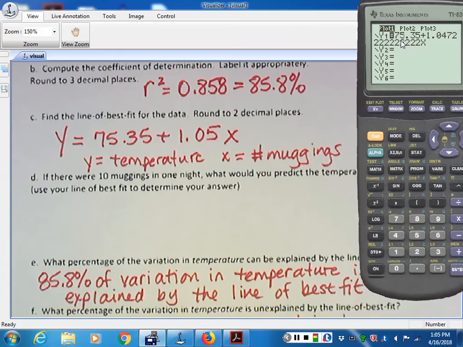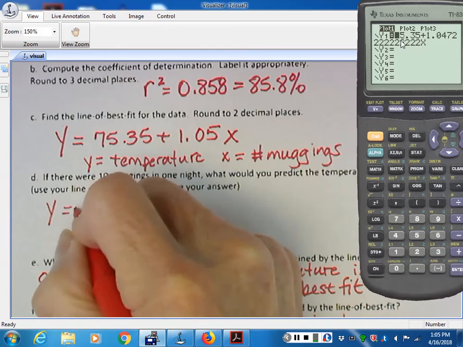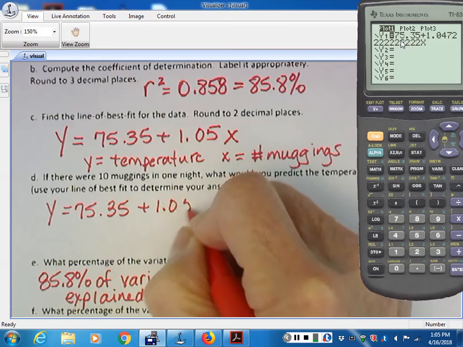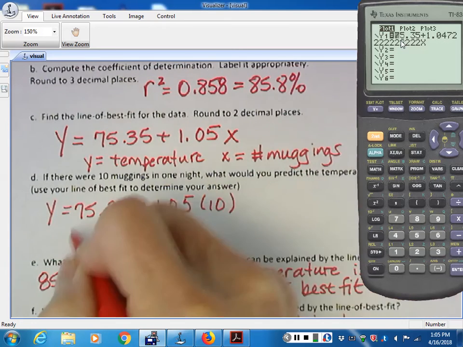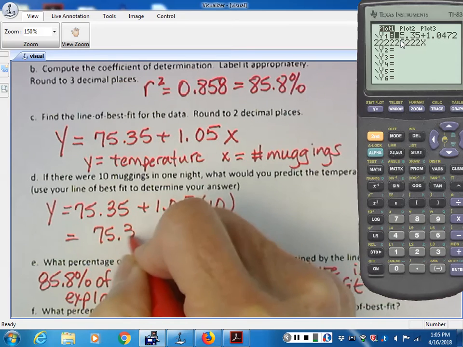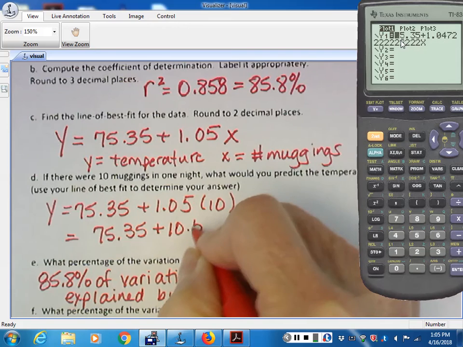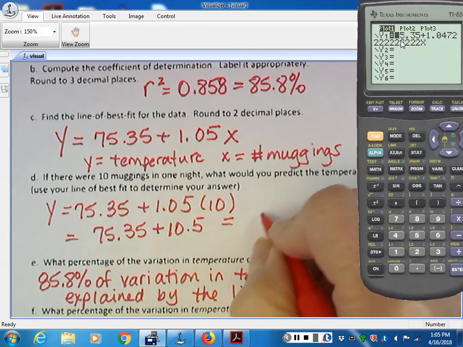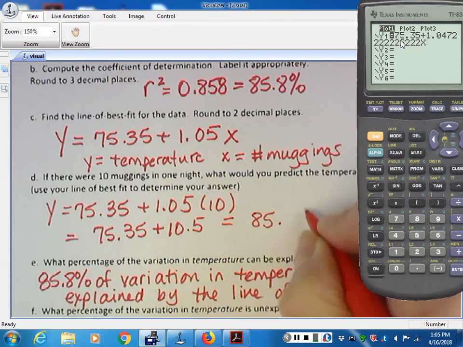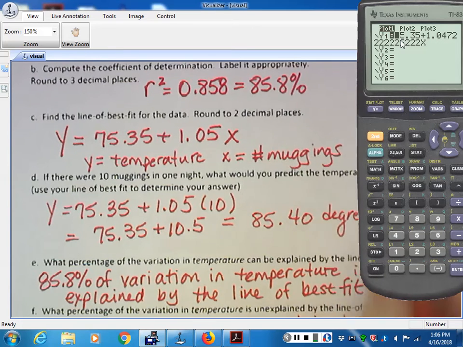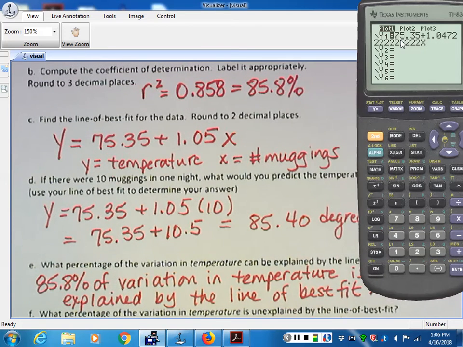And if there were 10 muggings, then the temperature probably would be about 85.4 degrees. Okay?